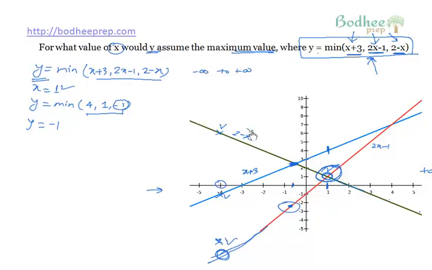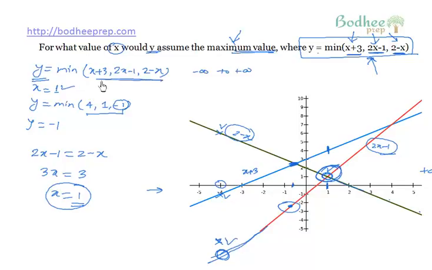The green line is 2 minus x, and the red line is 2x minus 1. To get the intersection, we equate these two, so 3x is equal to 3, or x is equal to 1. So for x equal to 1, y will have the maximum value. This is how such questions are solved.